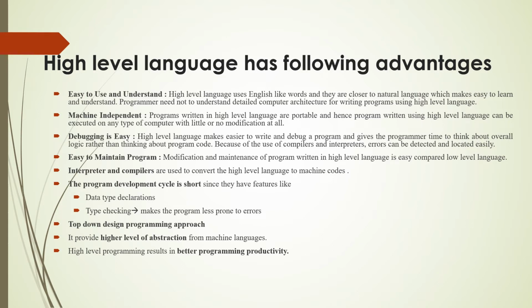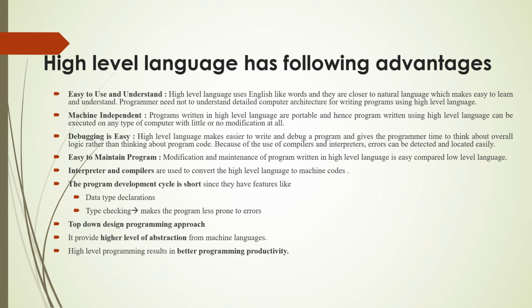It is also machine independent. We can write programs in a high-level language, and then they can be executed on any type of computer with little or no modification. And then converting it to embedded C is also easy. Debugging is also easy.